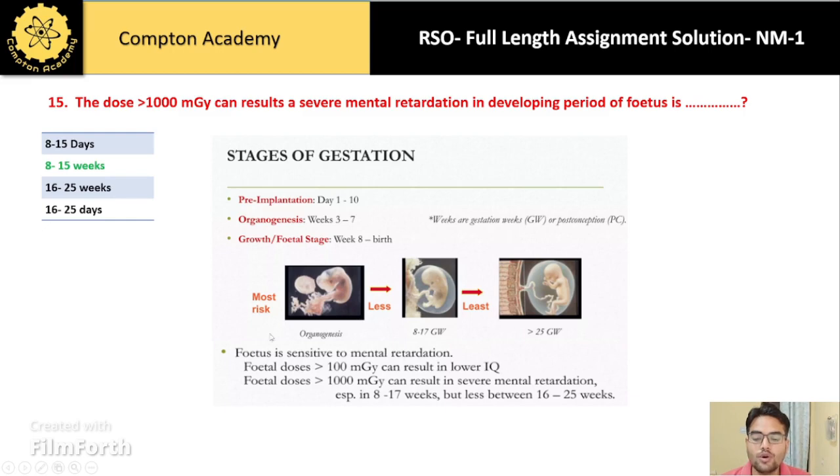When the fetus receives this 1000 milligray dose, in weeks 8 to 15 there will be a chance of severe mental retardation to the embryo or fetus. So 8 to 15 weeks is the correct answer.